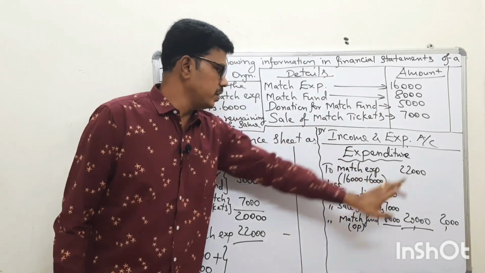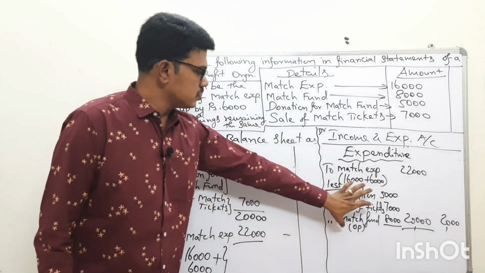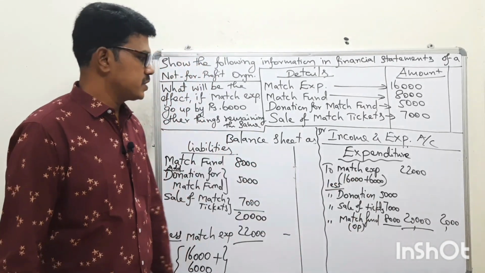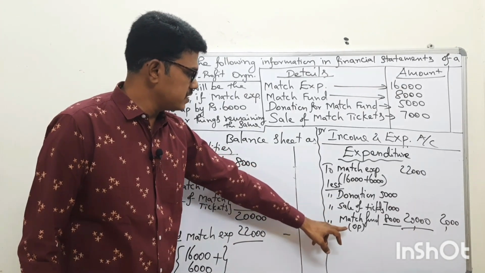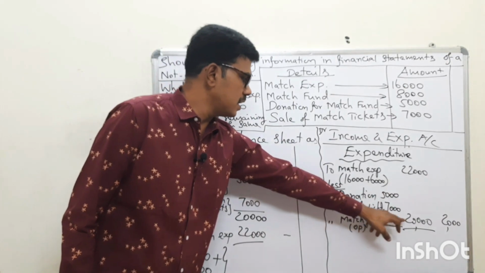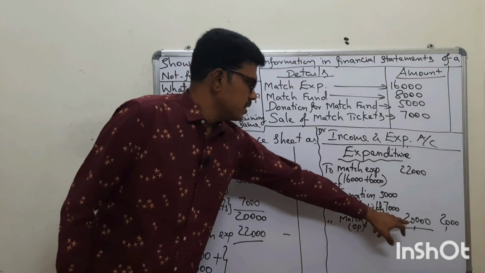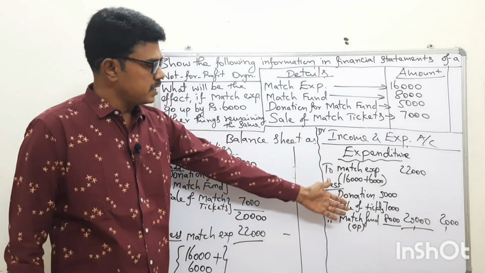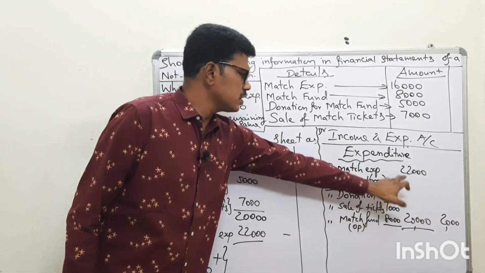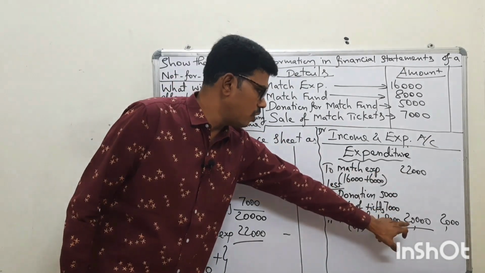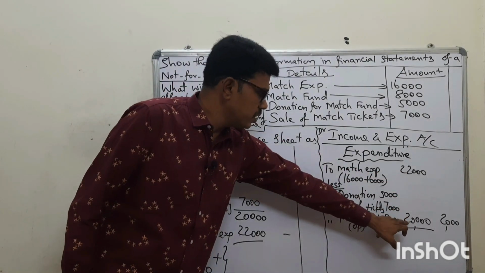16 plus 6, 22,000. And we should subtract all the fund and other related incomes, right? Donation, sale of tickets, match fund given in the problem. If you add all these, you'll get 20,000. We should subtract this total from the match expenses. Total expenses are 22,000. Out of this, we have received 20,000.